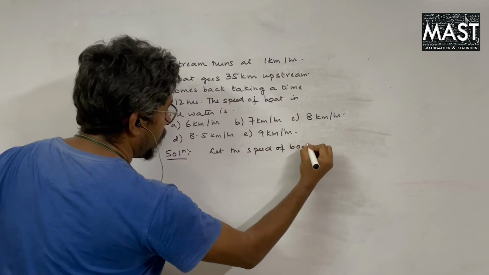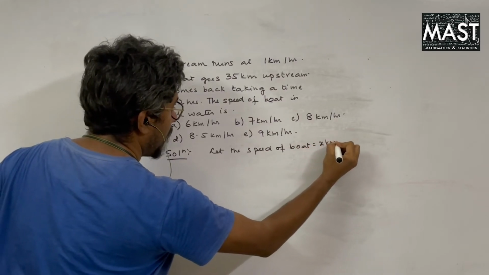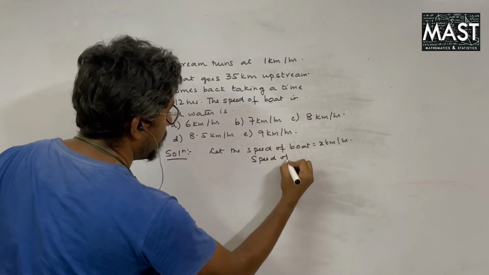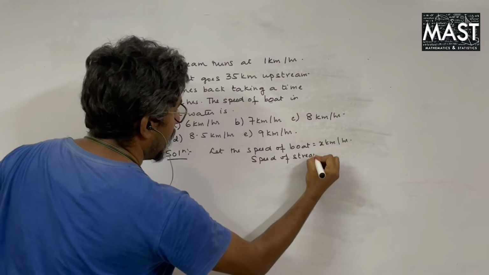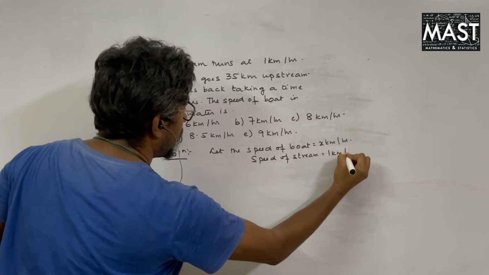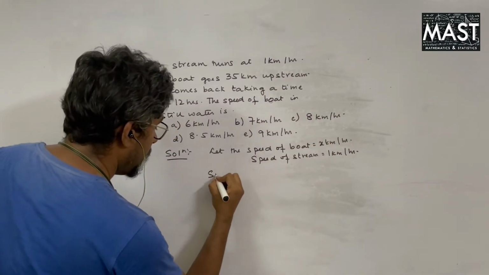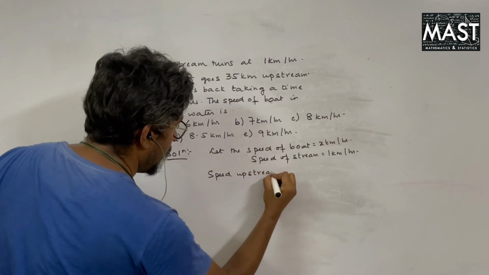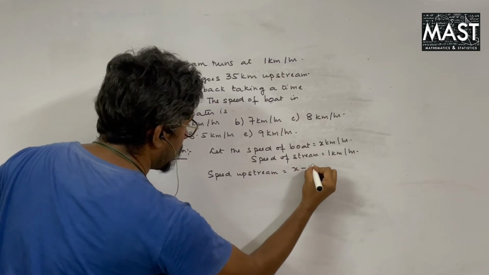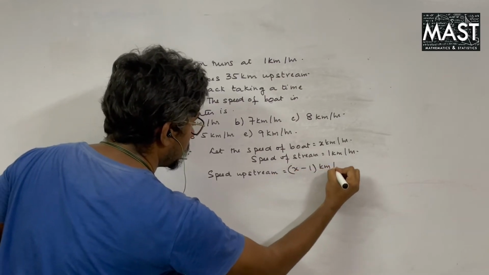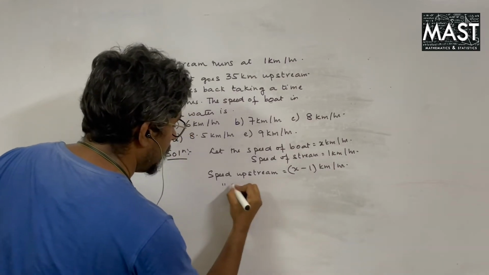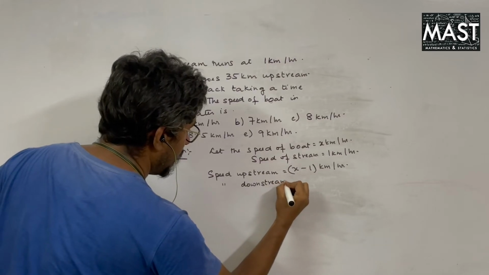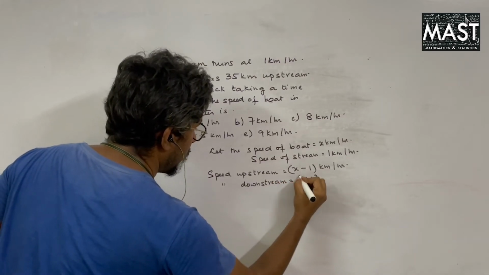Since speed of stream is given as 1 kilometer per hour, speed upstream would be x minus 1 kilometer per hour, and speed downstream, that is when it is going with the flow of the stream, is x plus 1 kilometer per hour.